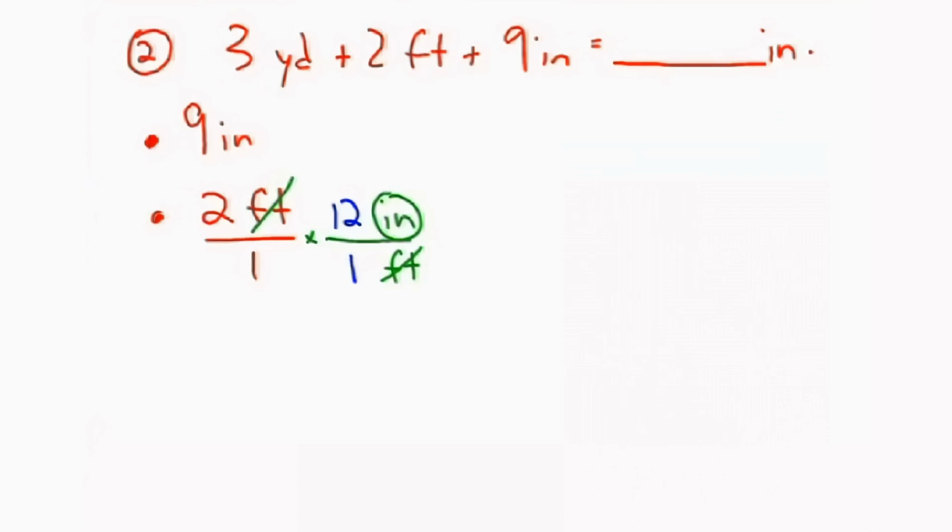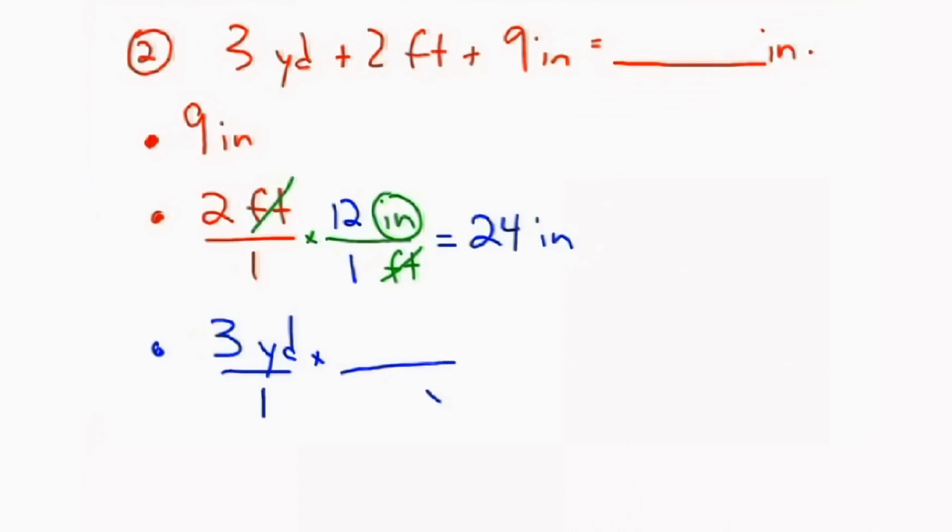And so now I simply just do my math here, and 2 times 12 is 24 inches. And now I have 3 yards to convert, and so I do it the same way. I want to get rid of yards and replace the label of yards with inches.